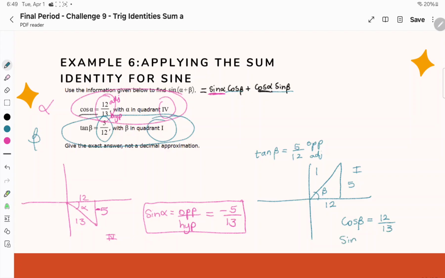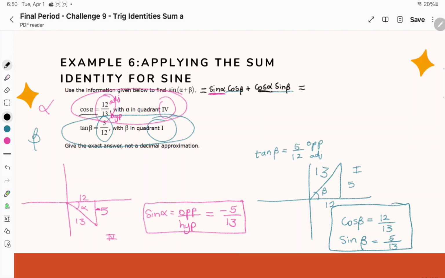And the sine of beta is going to be 5 over 13. Okay, here I have the ones that I had missing in here. And now I have all of the information that I needed in my formula, so I'm going to substitute.